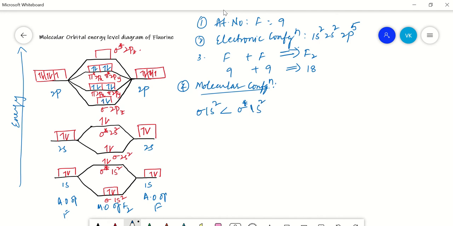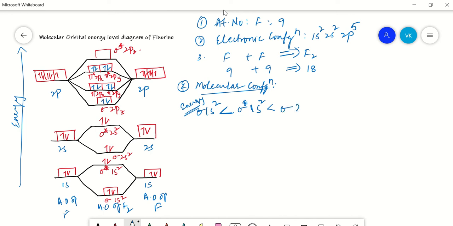If you are writing according to energy, the lesser than symbol will come, because sigma 1s2 is of lower energy than sigma star 1s2. You just mention whether you are writing it with respect to energy or stability, right? If it is energy, this is the one.